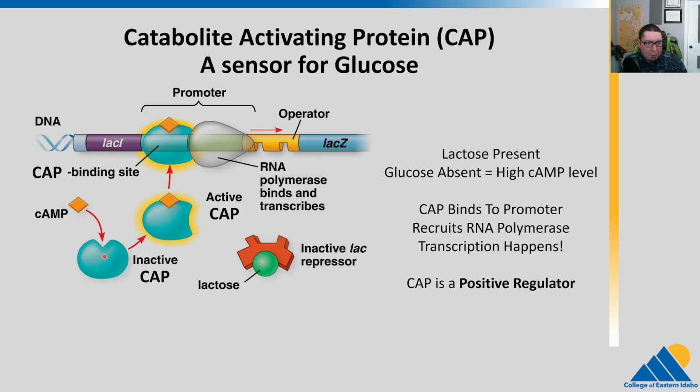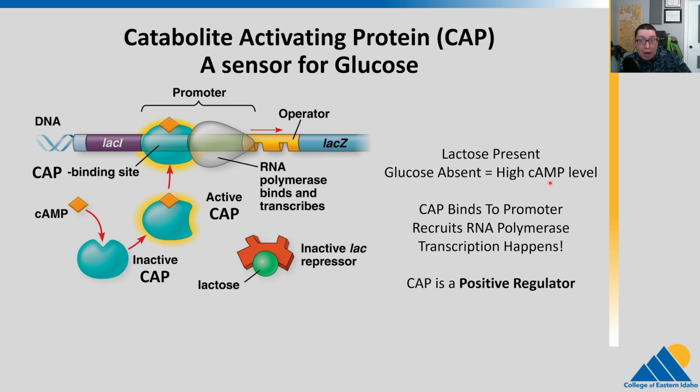Okay, CAP is inactive until it binds to cAMP. Once cyclic AMP binds to it, the CAP goes and binds to the DNA. And when it binds to the DNA, it brings in RNA polymerase. Okay, so it's a positive regulator. It's saying, hey, RNA polymerase over here, I need you to do transcription. So it recruits the RNA polymerase. So when there's high cyclic AMP, it's bound to the DNA.